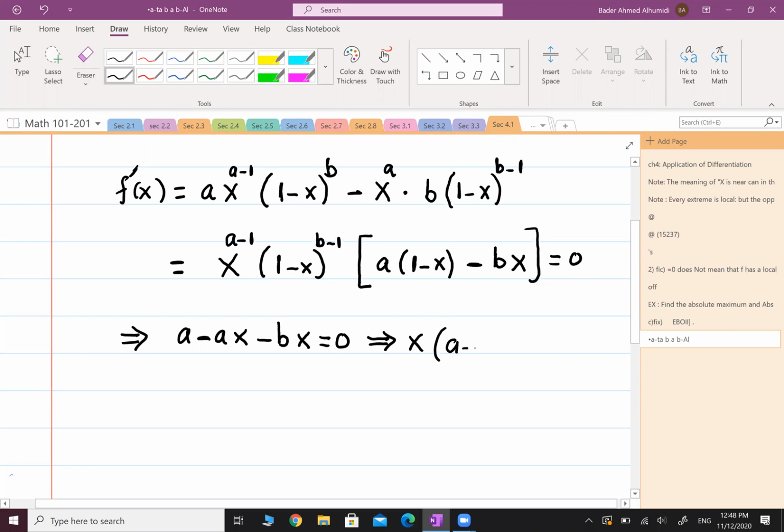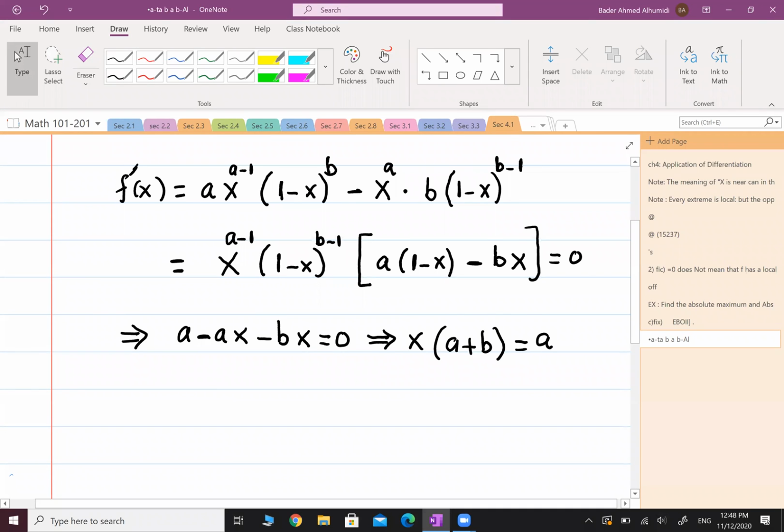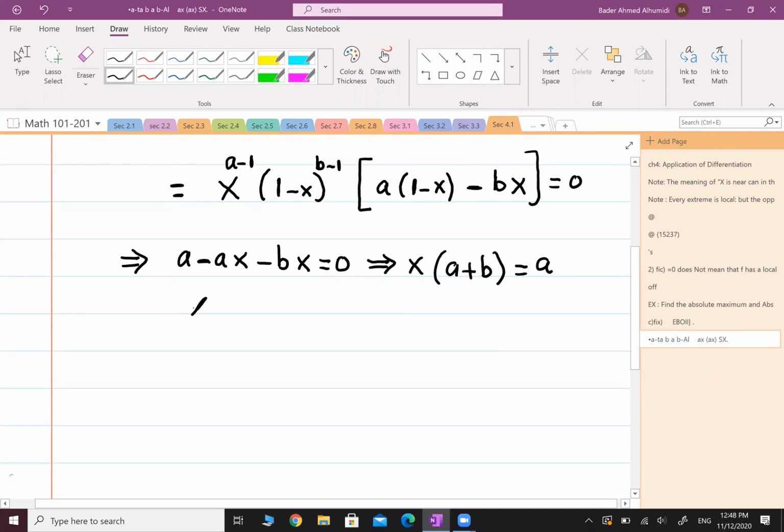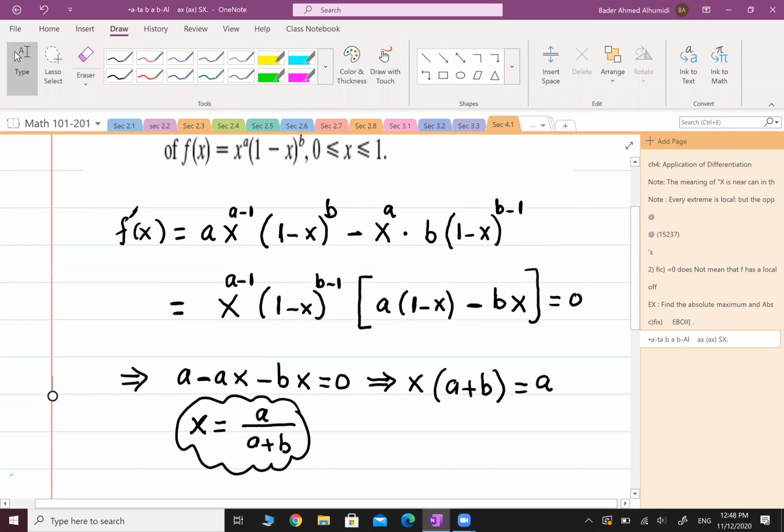I have a plus b times x is equal to a, and x here is equal to a over a plus b. I cannot see any short way to find this magic number without doing this calculation.